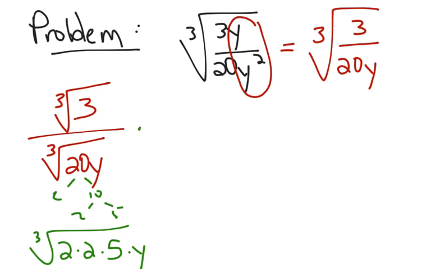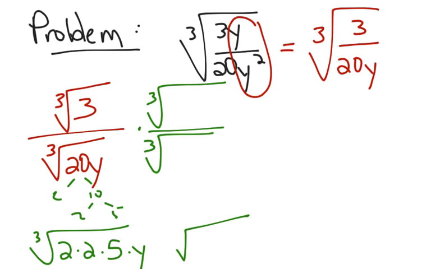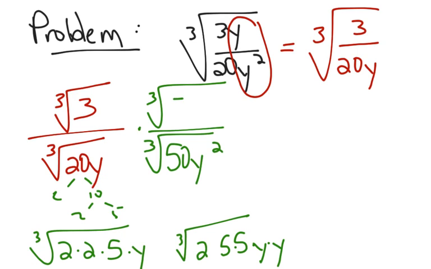So I'm going to need to multiply by, I need another 2. I'm missing 2 5's, and I need 2 y's. Well, 2 times 5 is 50 y squared. So in order to rationalize the denominator, I'm going to have to multiply the numerator and denominator by 50y squared. Now I can multiply straight across.